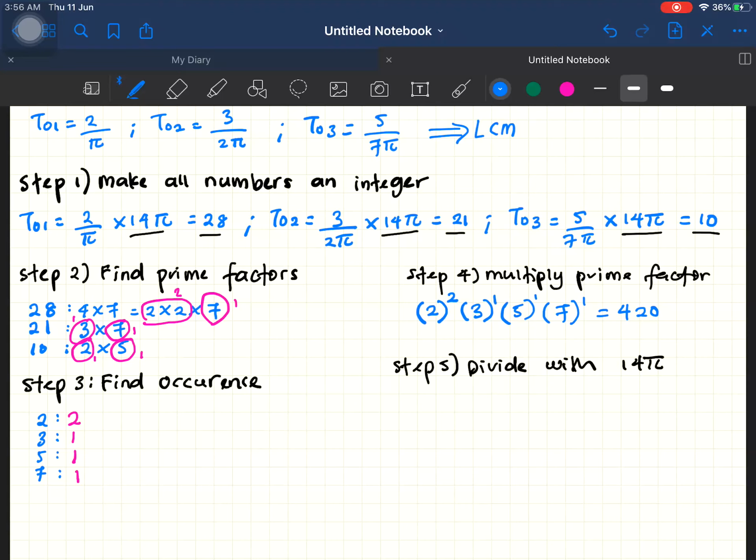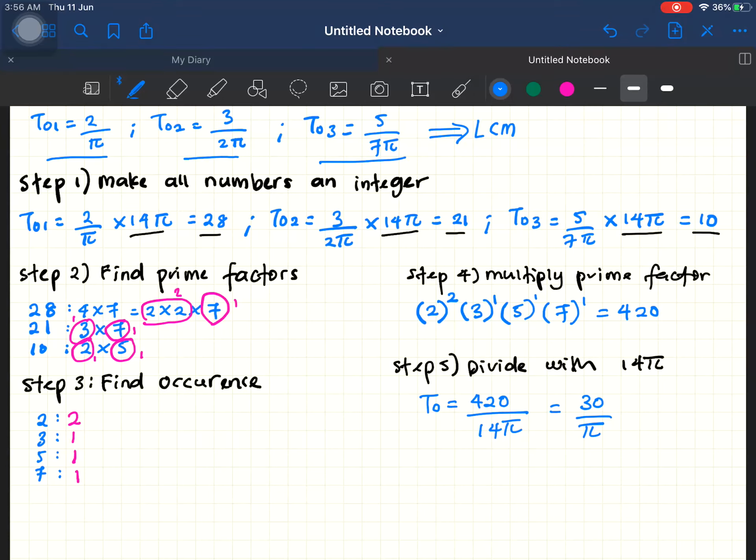Right, so now T0 is 420 divided by 14 pi. So you get 30 over pi. So this is your fundamental period, which is the period of a signal that is the result of adding 3 signals with this fundamental period.